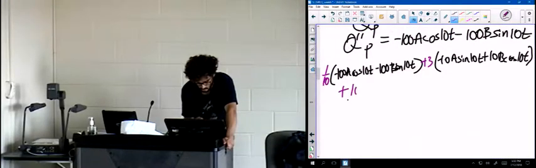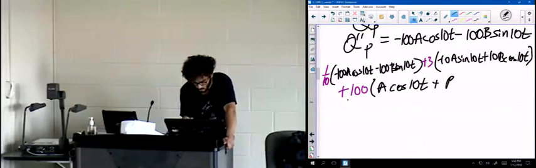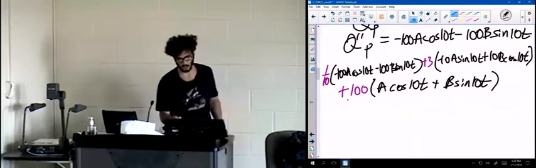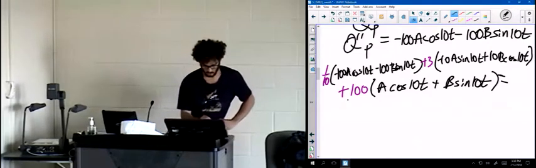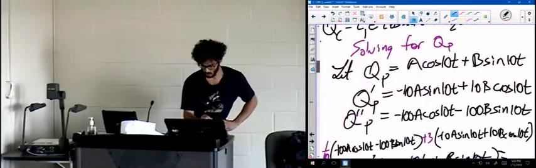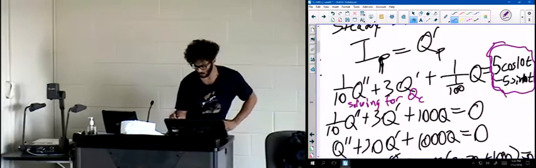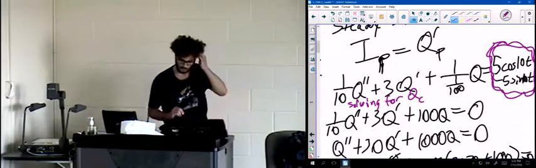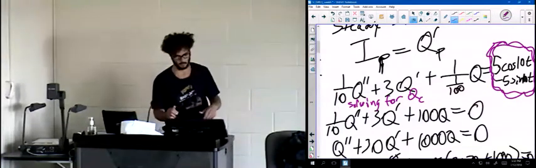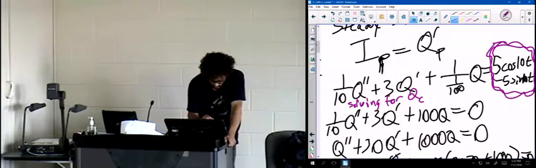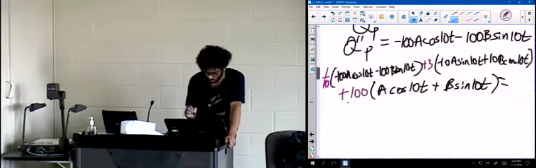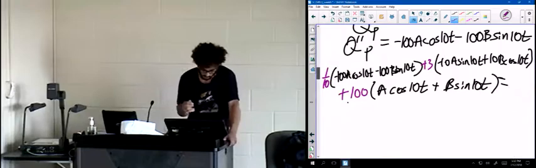So plus 100 times a cosine 10t plus b sine of 10t. Okay, and all that should be equal to this right here, what I already highlighted. Okay, but let's just put that in the back of our minds for now, because we really are only focusing on this left side for a while.